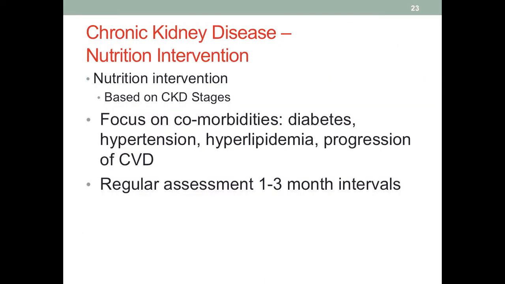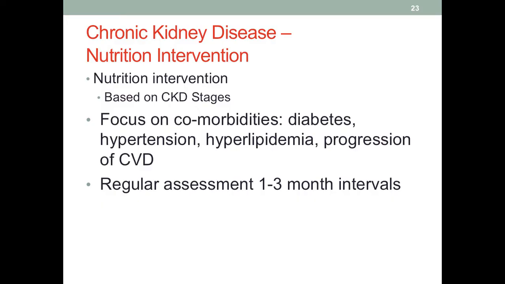So similar to medical treatment, the nutrition intervention of CKD patients also depends on what stage they're at. So depending on whether they're early, late, or pre-dialysis, we do need to focus on the specific comorbidities.